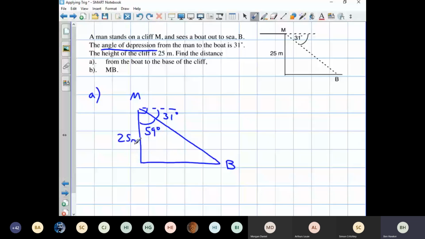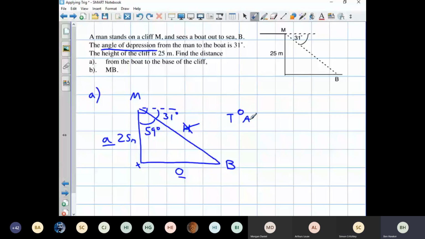Then we label our triangle for H, adjacent A, and the opposite. Okay, so the first thing that we need to find is the distance from the boat to the base of the cliff. So this would be the base of the cliff here. So we're trying to find the opposite. We have the adjacent, so we're going to get rid of H, and that is going to mean that we are going to use tan.